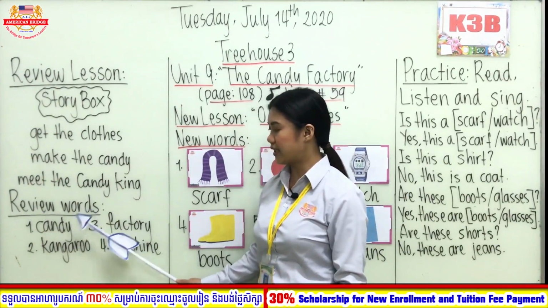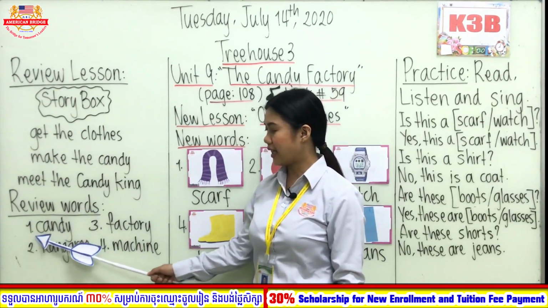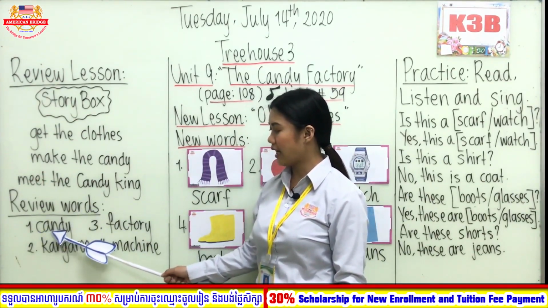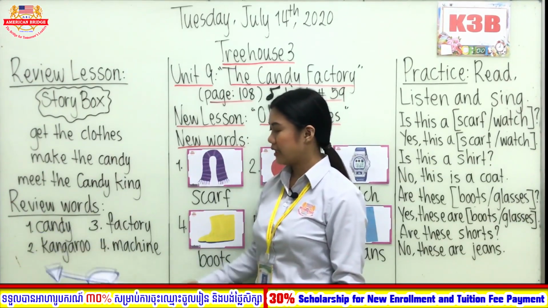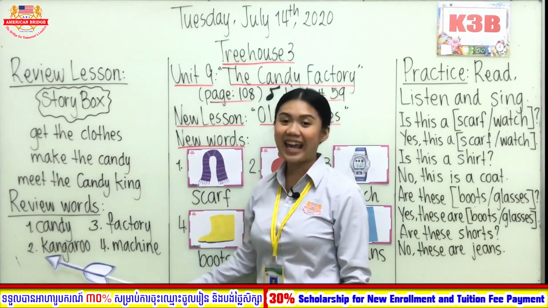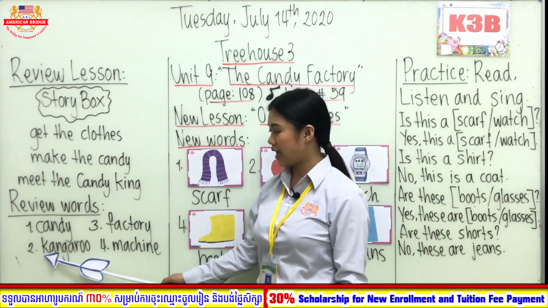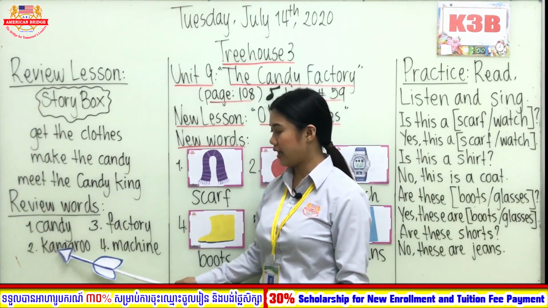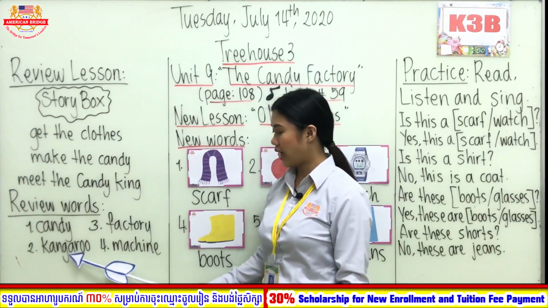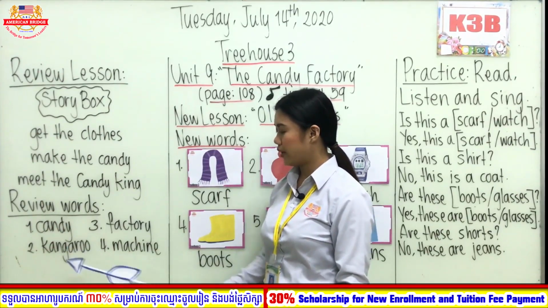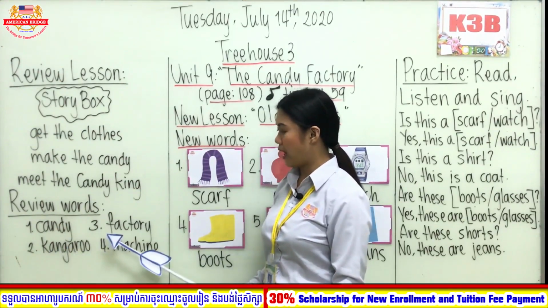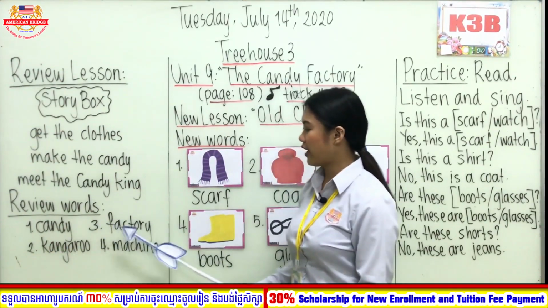Review words, candy. C-A-N-D-Y. Candy. Number 2, kangaroo. K-A-N-G-A-R-O-O. Kangaroo. How about number 3? Factory.